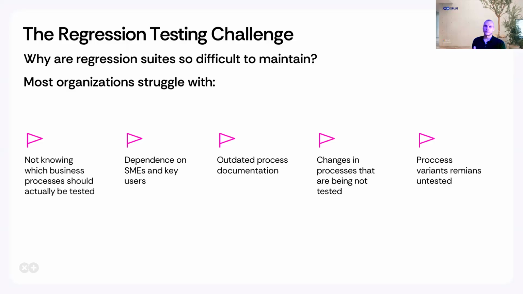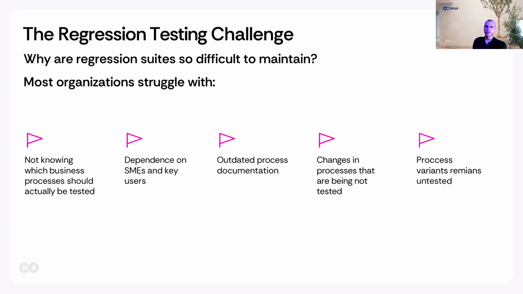Usually in the company, we don't have one place, maybe one person, that knows every process in the organization, knows how every process works inside Dynamics 365, and who knows what processes are required to be tested. This knowledge is split throughout multiple people, multiple departments in the organization.